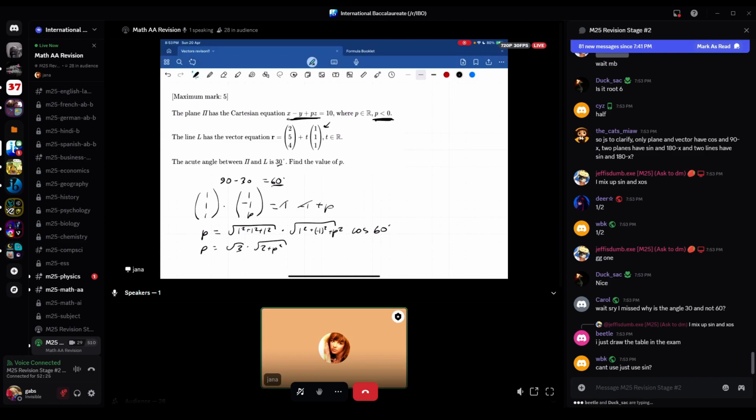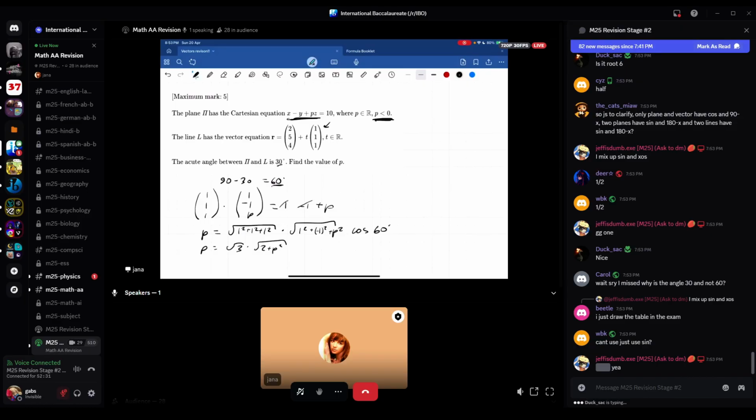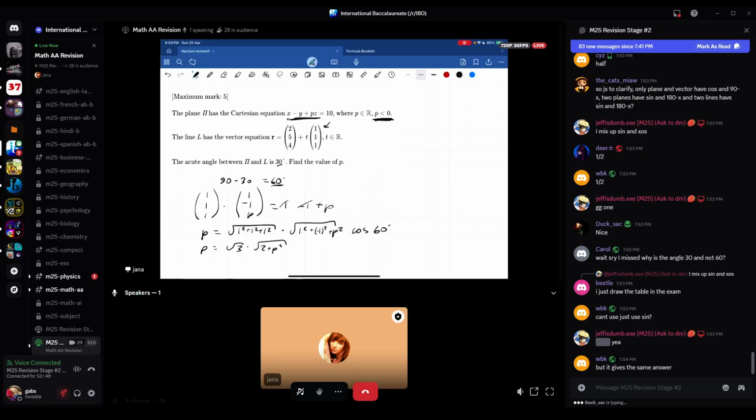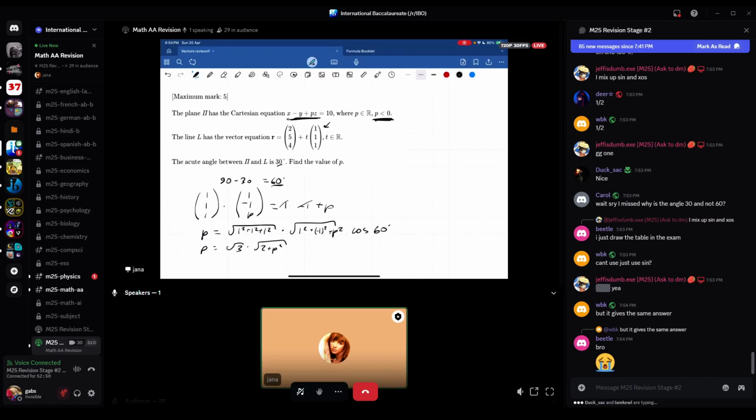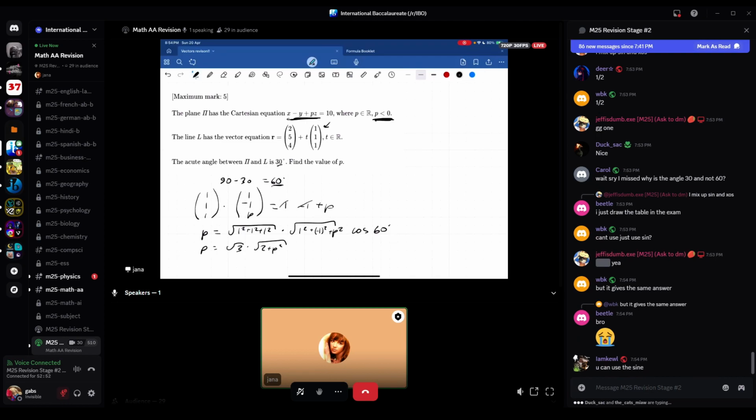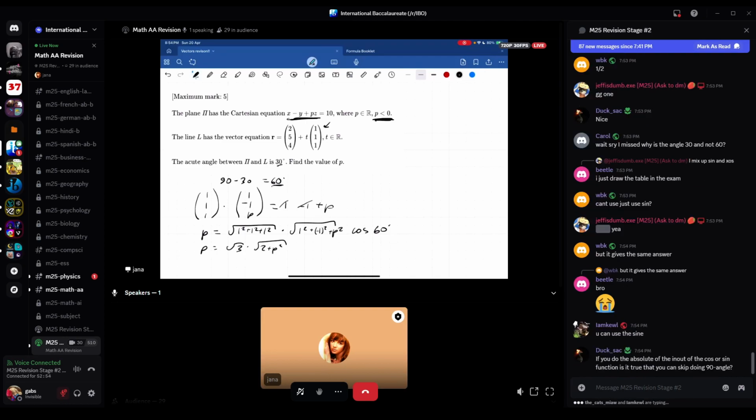Well, no, you can't use sine because this is the dot product. Jeff, negative, but yes. But, buddy, I mean, sure, but no. This is just simpler. Cosine 60 isn't the same as sine 60.